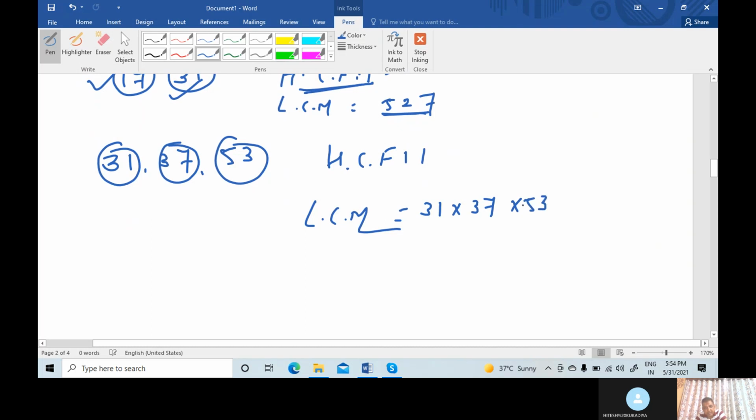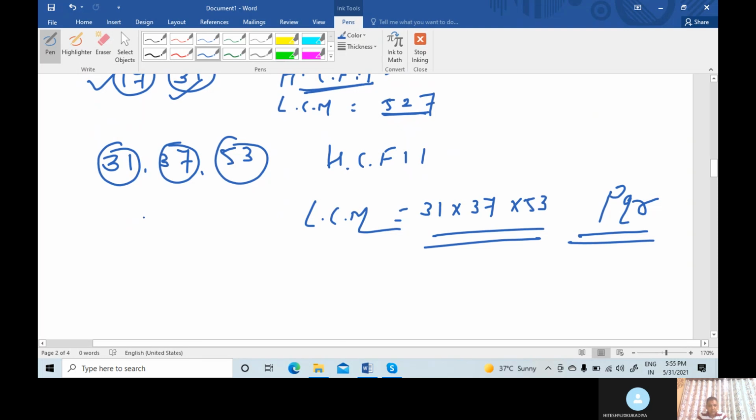So if P, Q, R are prime numbers, then LCM is PQR. Is that clear? Any doubt?